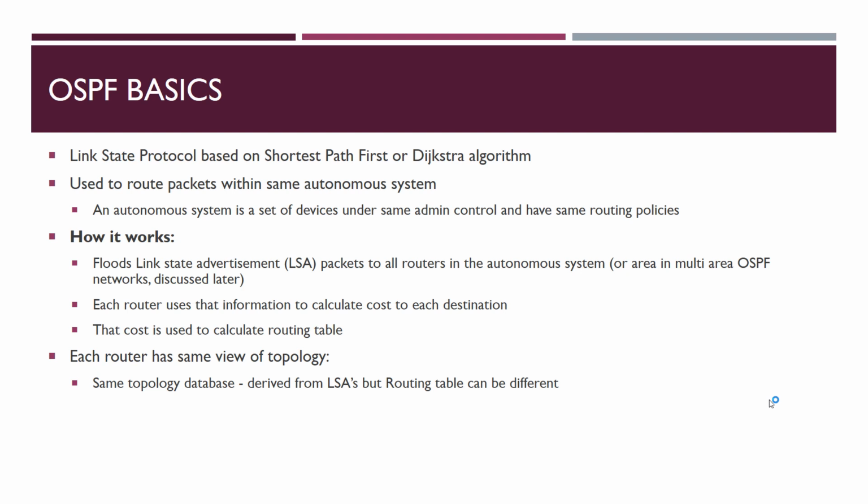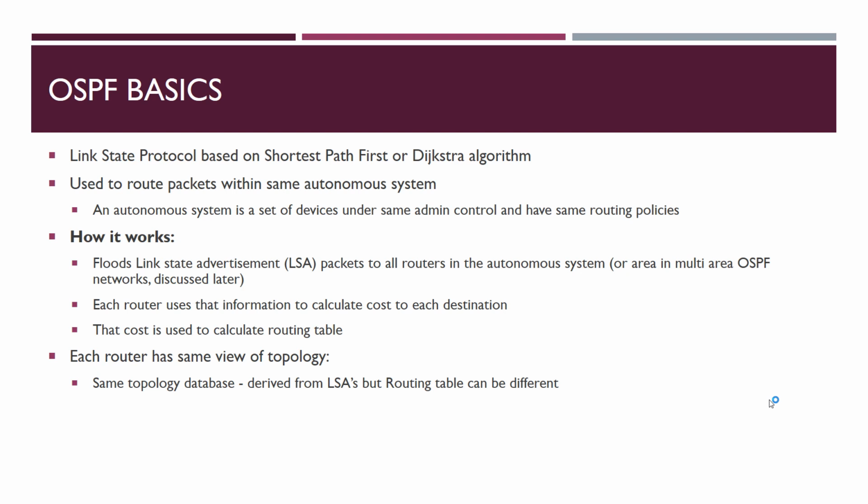Once we start OSPF configurations, I will go through the OSPF tables in details and I will show you what I mean when I say the topology table can be different from the routing table. We will go through the topology tables and the routing tables, and I will also show you how we can tweak the routing table while we keep the topology table same for all the routers in the same area.